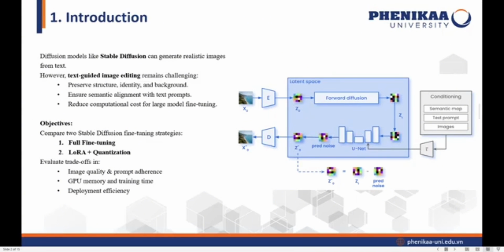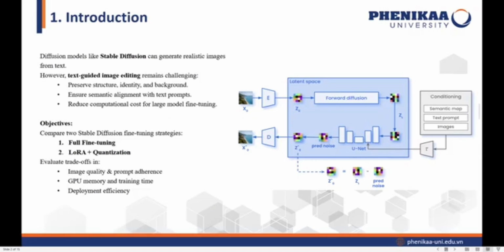Diffusion models like Stable Diffusion can generate realistic images of people. However, facial image editing is challenging when it must preserve the original structure and identity, keep consistency, and maintain semantic alignment.